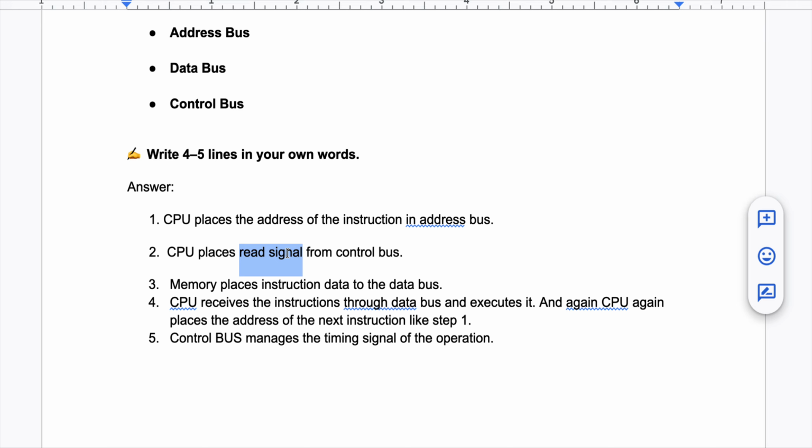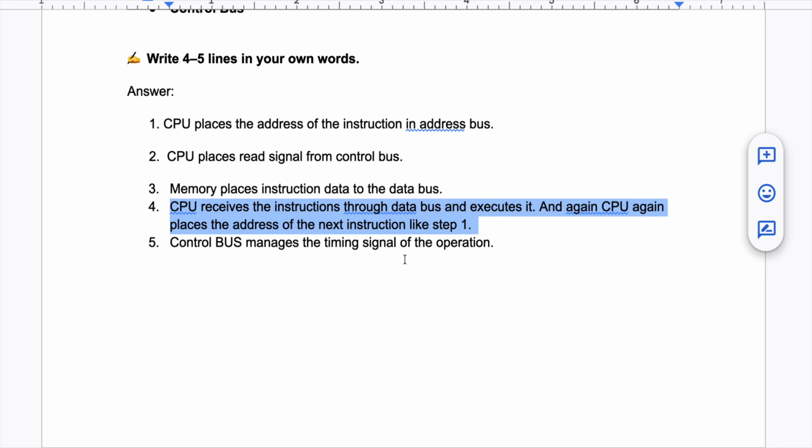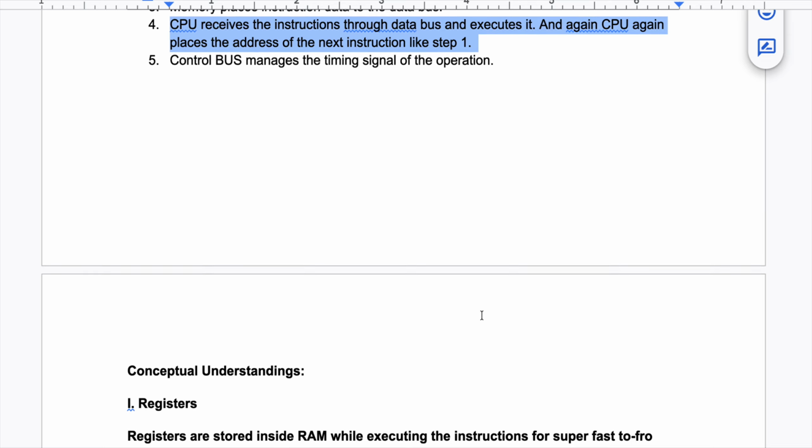If there is a write operation, then the memory will give us the write permission to do the modification inside the memory address values, right? Memory places the instruction data on the data bus, the CPU receives the instruction from the data bus and executes it, and again the CPU places the address of the next instruction, set by the program counter.